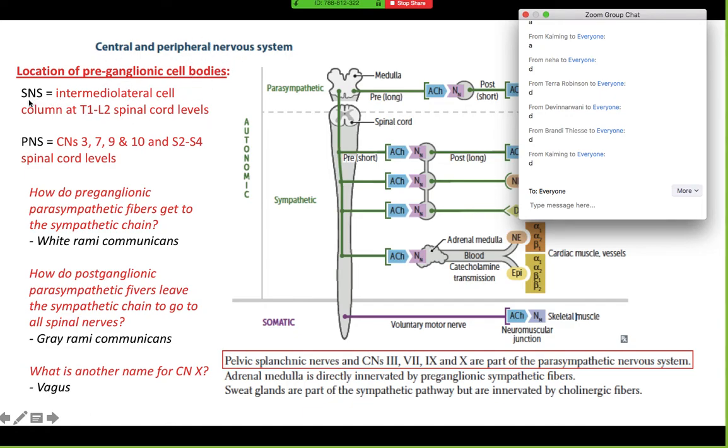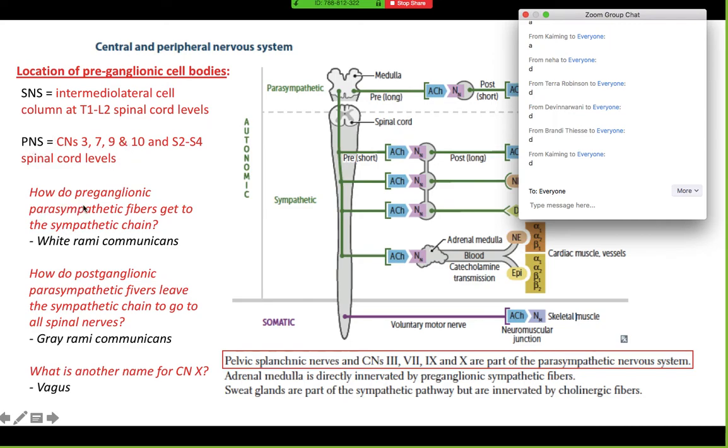If they ask you that in the sympathetic nervous system, that's going to be in the intermediolateral cell column from T1 to L2. And in the parasympathetic nervous system, that's cranial nerves 3, 7, 9, 10, and then S2 to S4. So this is going to come back a million times. So 3, 7, 9, and 10. Make sure you know which cranial nerves are carrying parasympathetics.